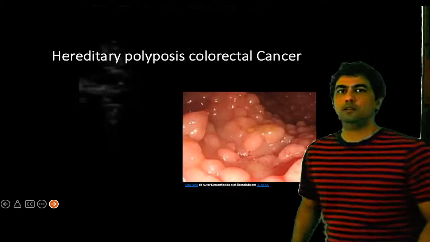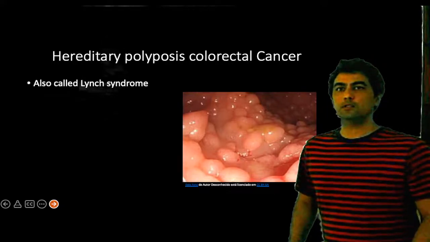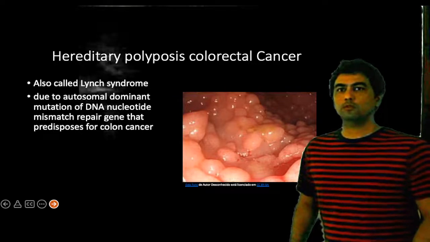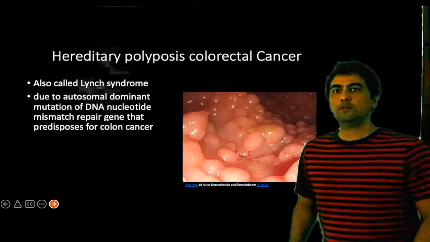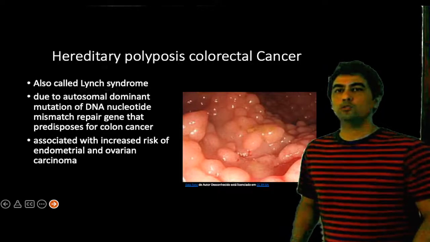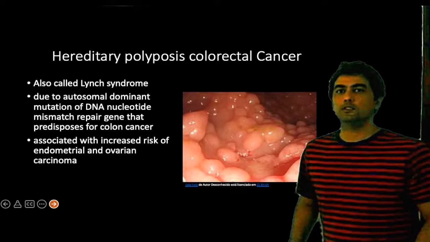Hereditary non-polyposis colorectal cancer, also called Lynch syndrome, is due to an autosomal dominant mutation of a DNA nucleotide mismatch repair gene that predisposes to colorectal cancer, and is associated with increased risk of endometrial and ovarian carcinoma.